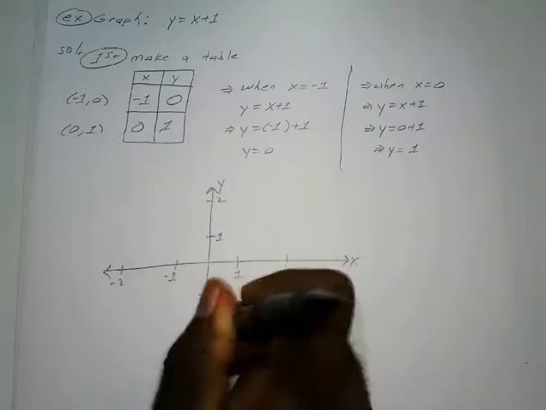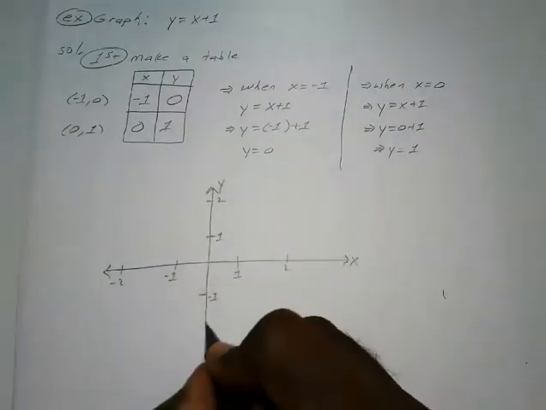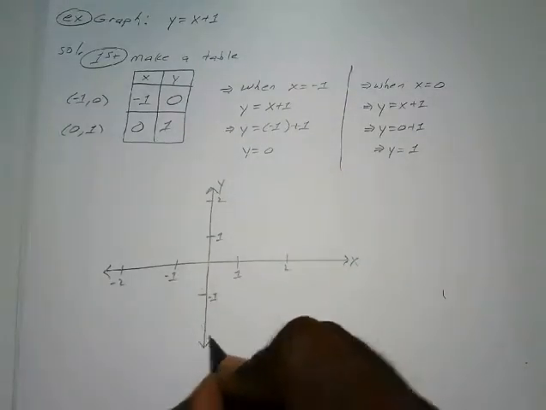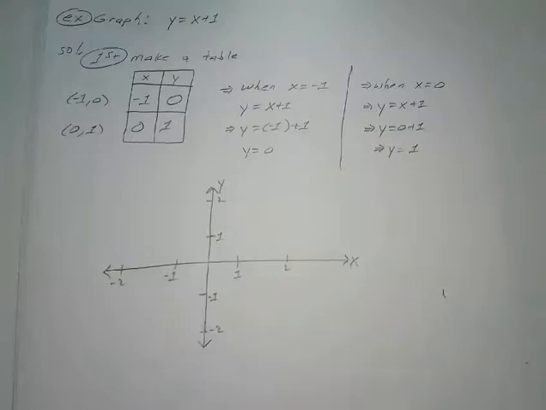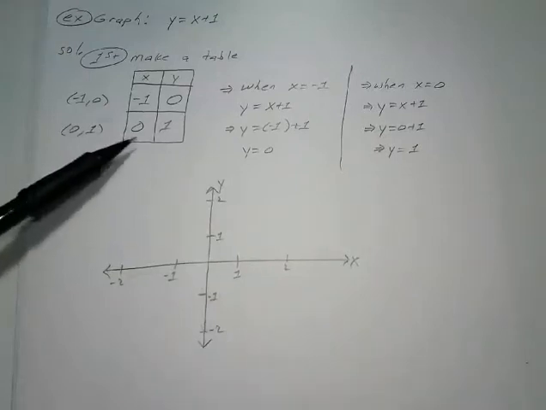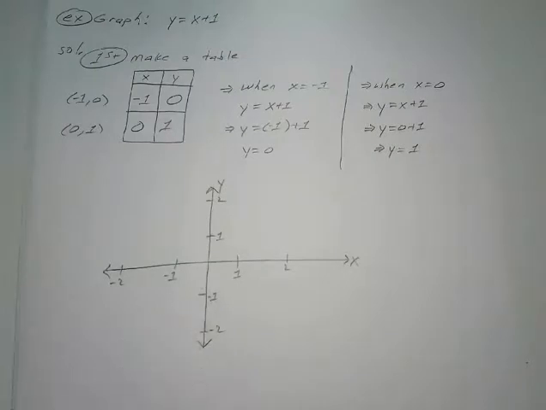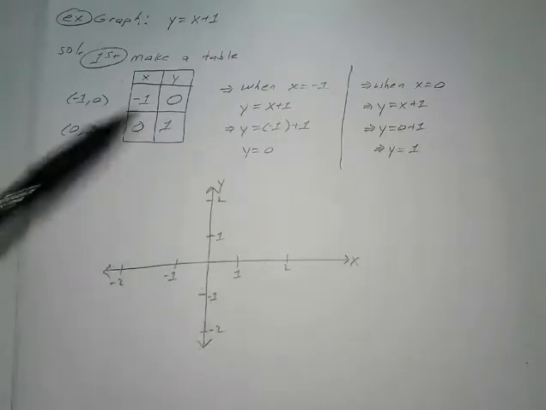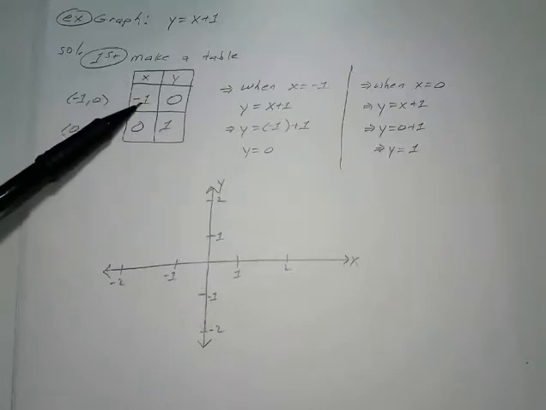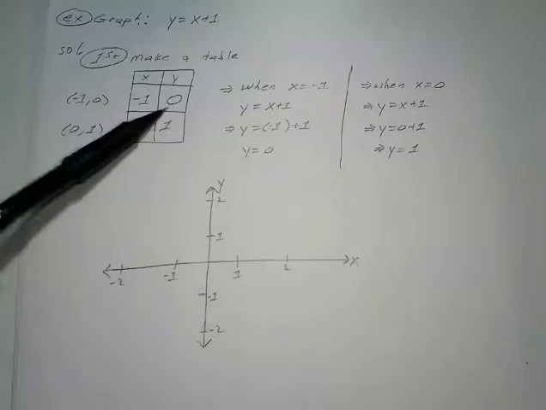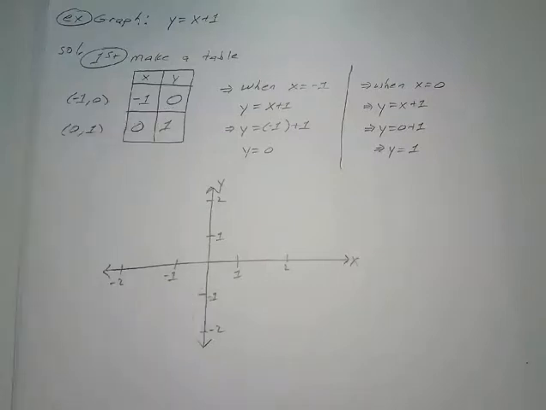Make that a little bit lower. -2. Again, that's why I picked smaller numbers, because for this particular graph, I didn't want to have to make it go all the way down. So if I would have picked 8 here for x, and that would have been 9, I would have had to make a bigger graph. So I picked smaller numbers to make a smaller graph.